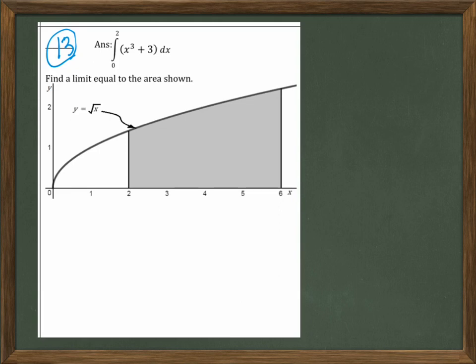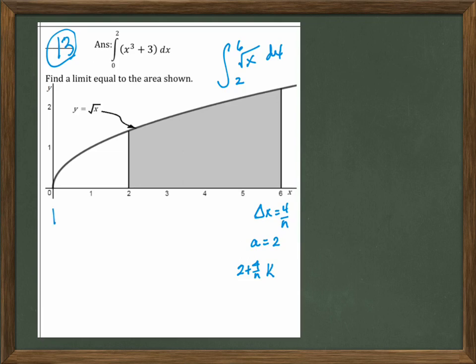Okay, so it wants a limit. So we have an actual integral from 2 to 6 of the square root of x dx. So delta x is equal to 4 over n. A is equal to 2. So our middle would be 2 plus 4 over n k. And that would be under the square root.